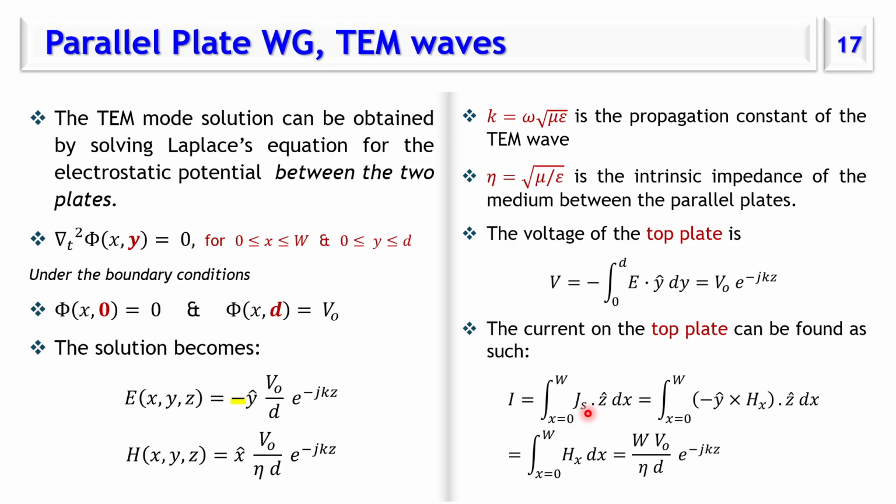So Js equals minus y, which is the normal to the upper conductor, cross the magnetic field. This is from the boundary condition of electromagnetic waves, and we integrate across the whole width of the conductor. We get the expression for the current on one of the conductors.